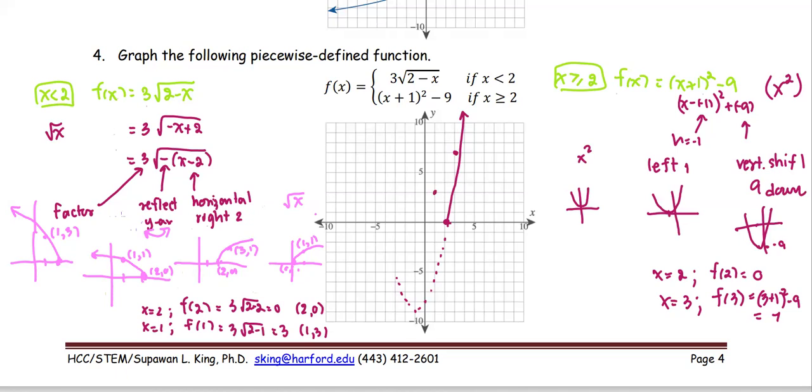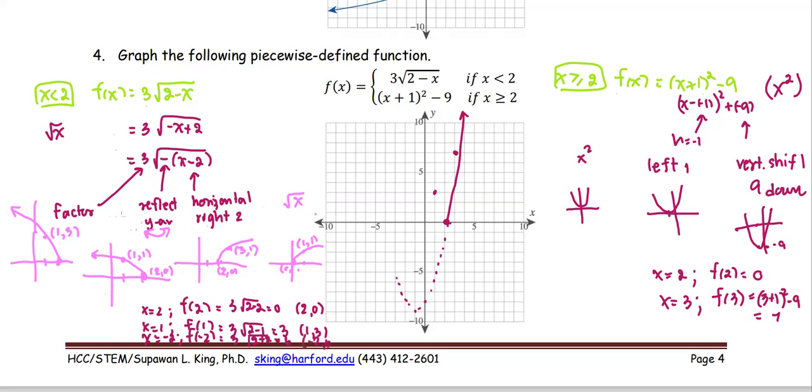And for a convenient point, let's take x equals negative 2. The function at negative 2 is 3 times the square root of 2 minus negative 2, or 2 plus 2. So 3 times the square root of 4, which comes out to be 6.